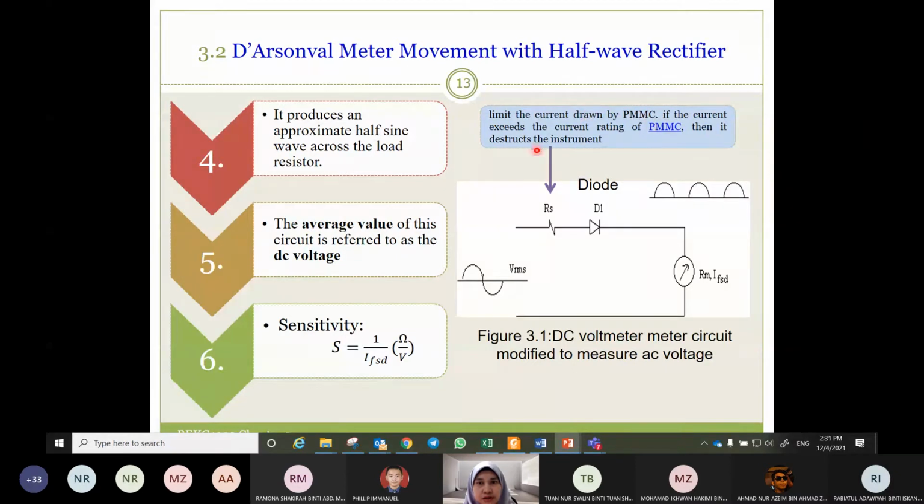If the current exceeds the current rating of the PMMC, then it destroys the instrument. The sensitivity for this meter is equal to, this is the typical formula for sensitivity, 1 over IFSD. IFSD is the current that flows through the circuit.